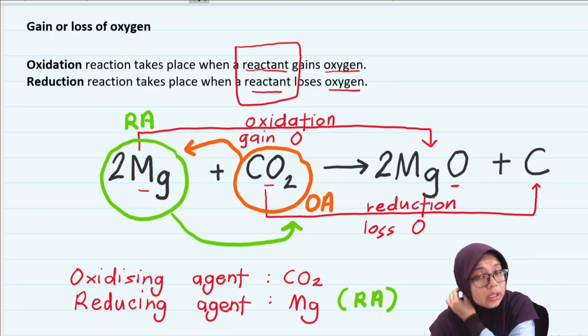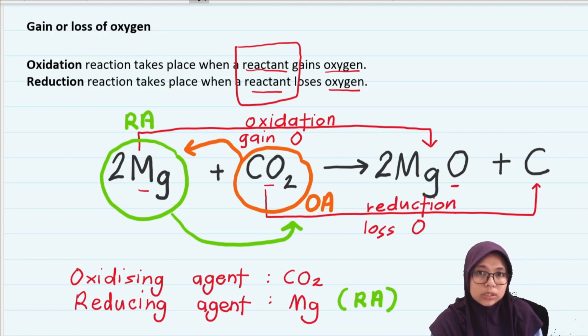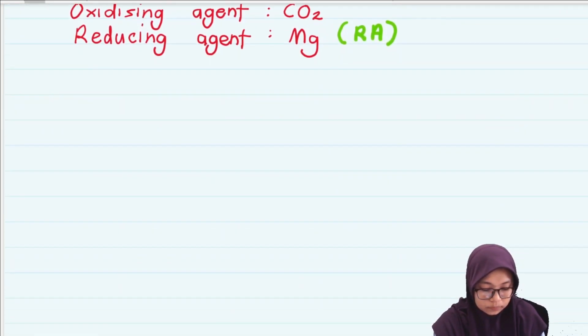Okay, so in redox, you have to determine which reactant undergoes oxidation, which reactant undergo reduction, which reactant is oxidizing agent, and which reactant is the reducing agent. Okay, that is the overall view of this reaction. Okay, let me give you another example.